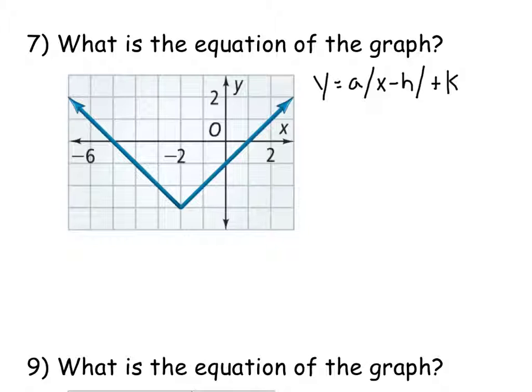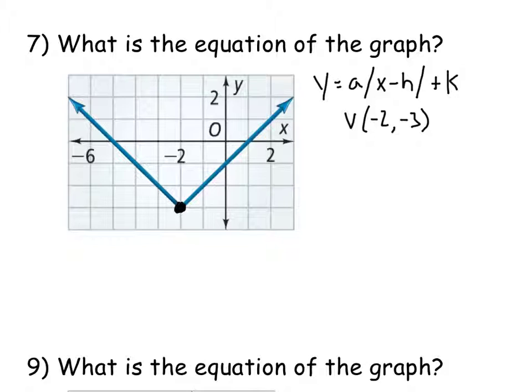Well, what do h and k give us? Vertex is what we call it for an absolute value. And what are the coordinates of our vertex? Negative 2, negative 3.